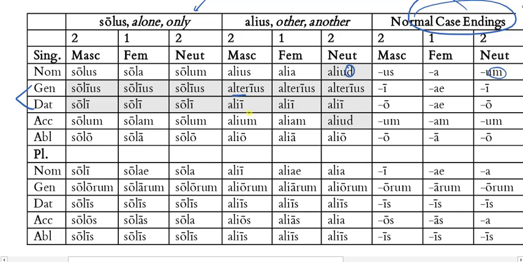Alii, alii, alii, as opposed to o, ae, o. So dative singular, definitely different. And then for accusative, alium, aliam, aliud, similar with um and am here, but not the d of neuter. And then alio, alia, alio, and that is reflected in our standard case endings.